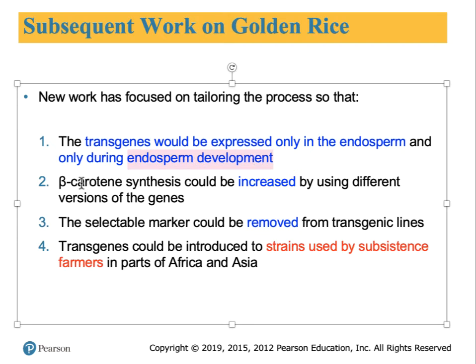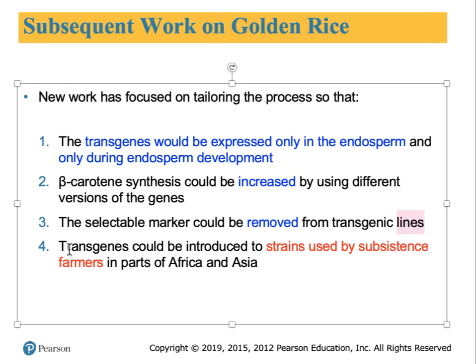Second, the beta carotene synthesis should be increased by using different versions of the genes to suit different environments and different cultural tastes. And the selectable marker should be removed from the transgenic lines by some mechanism.